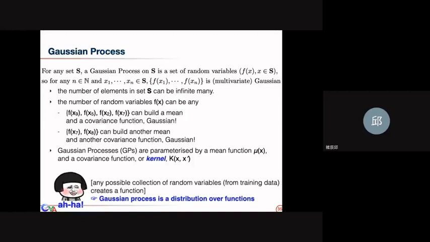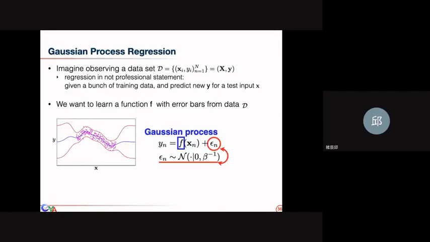Then what we should do is try to use those similarities between our data points to define our regressor, because we know that if there are two data points and they are close to each other, then their y should also be close to each other.